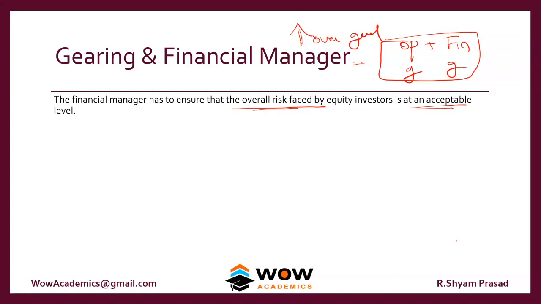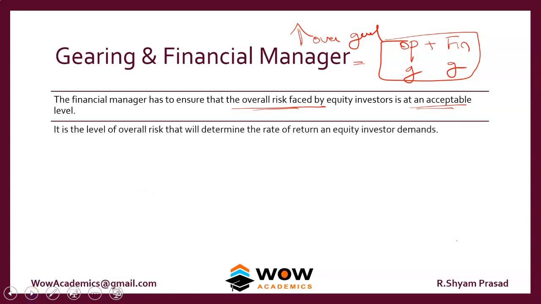So the company has to balance it. The financial manager has to find a balance between the two gearings. It is the overall risk that will determine the rate of equity and investor demands. The higher the risk, the higher the dividend and share price the company has to generate.